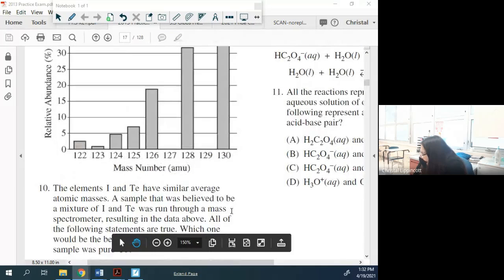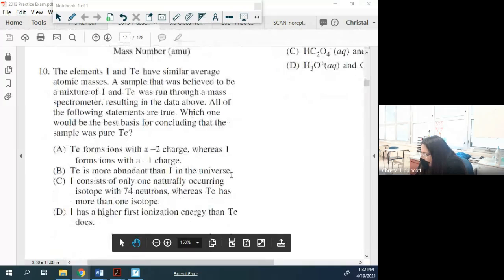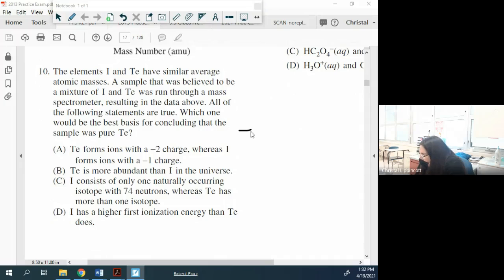This is a mass spectrometer. It's not talking about charge. Get rid of that one. Make sure that this one sounds valid. I consists of one naturally occurring isotope with 74 neutrons. Well, if this guy has 74 neutrons, 74 plus iodine's number, which is 53, makes that what? 127 for its mass.